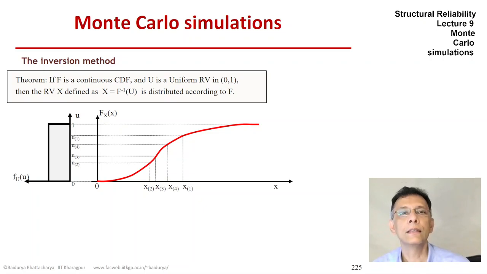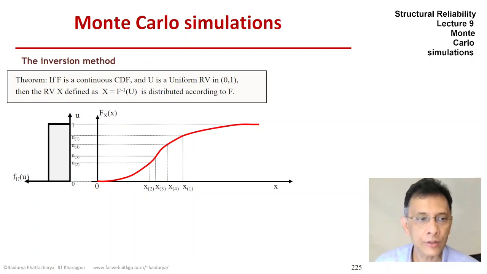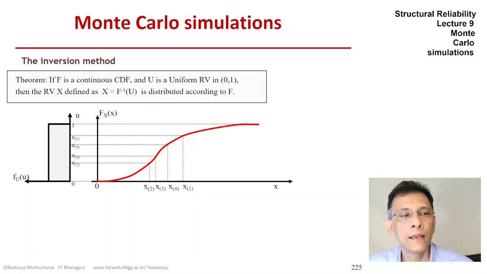Likewise x3, x4, and so on. So this would give me a sample from the distribution F by starting with a sample of uniform deviates.